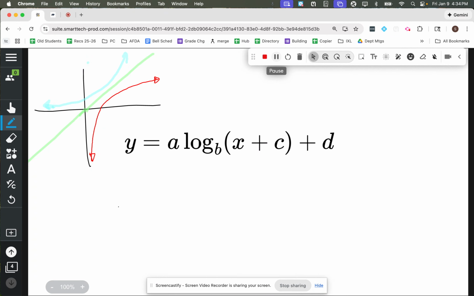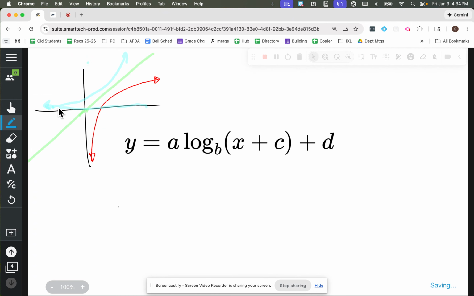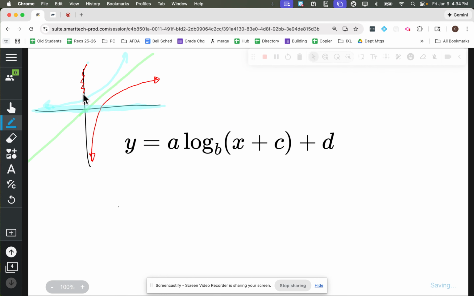The thing you have to remember is that whereas an exponential function had a horizontal asymptote right here, unless it got raised or lowered, the logarithmic function is going to have a vertical asymptote right here.